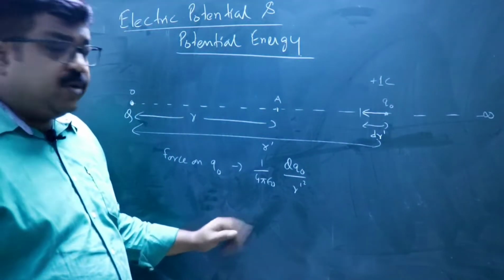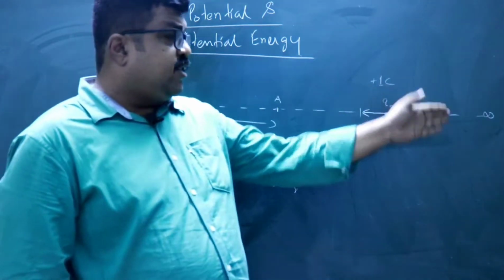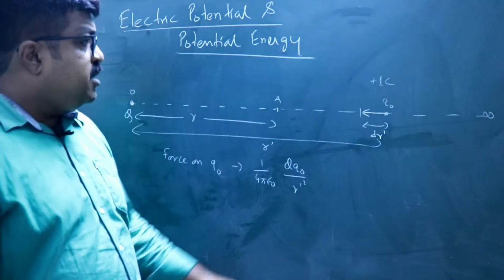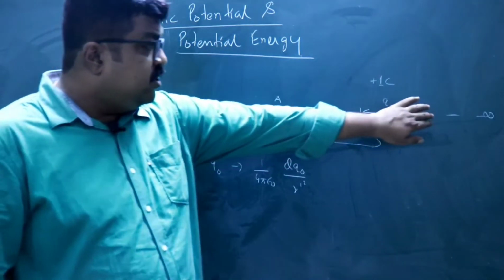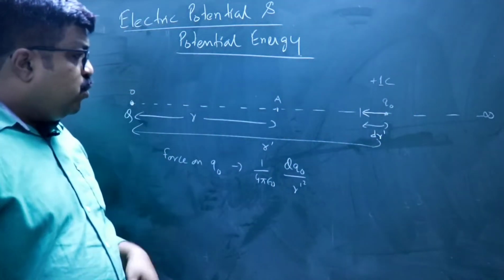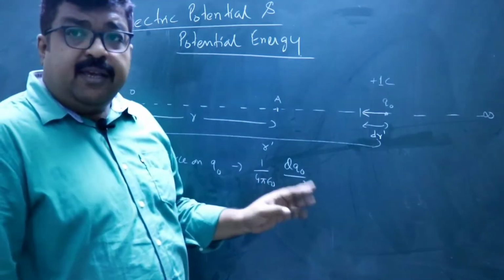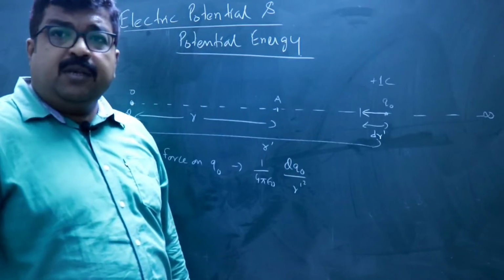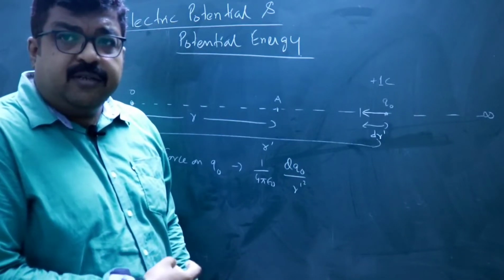This is the force, and it is acting in the radially outward direction. Since we are bringing the charge towards A, towards this charge Q, we must apply a force which is equal in magnitude to this force but in the opposite direction.